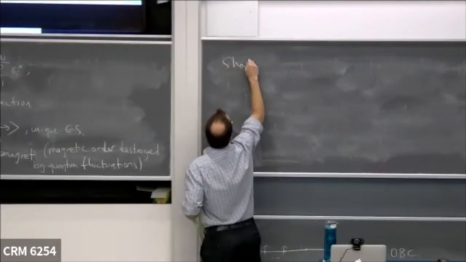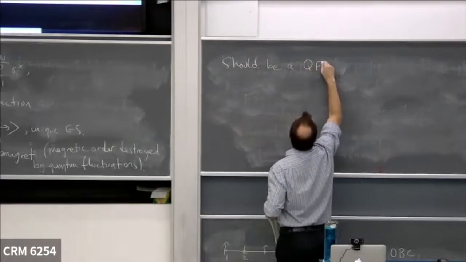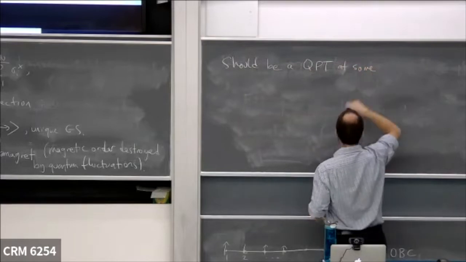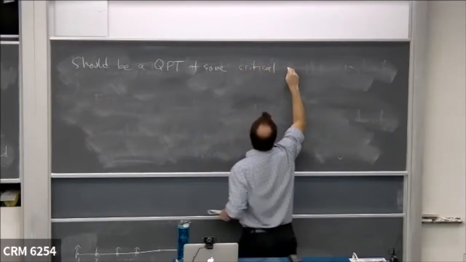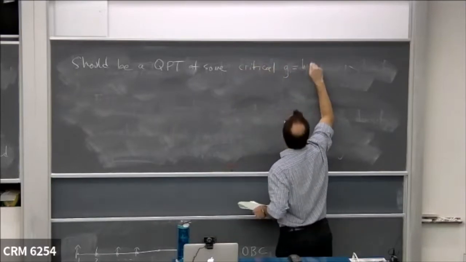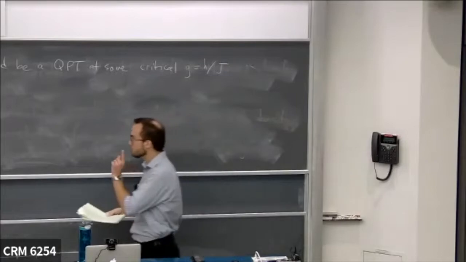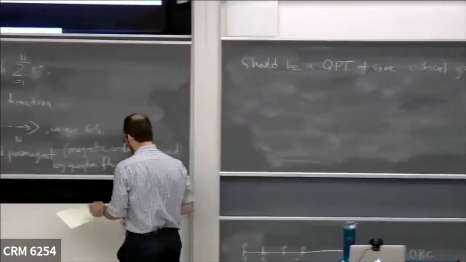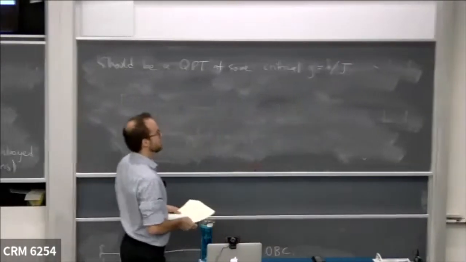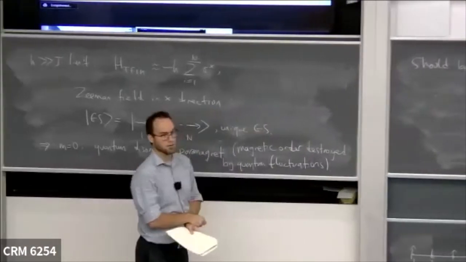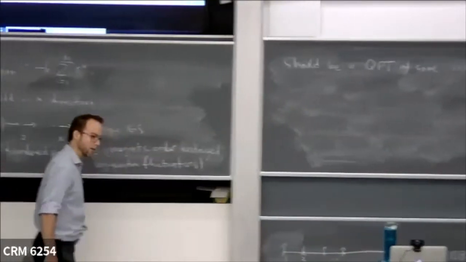We cannot adiabatically go from one to the other, so there should be a quantum phase transition at some critical value of this unique coupling, which is g, and I'll define it as h over J. So at large g, we are in this trivial paramagnetic ground state, and at small g, we are in the ordered state. Okay, so it turns out we could actually solve this model exactly, and we'll get to that in a bit.